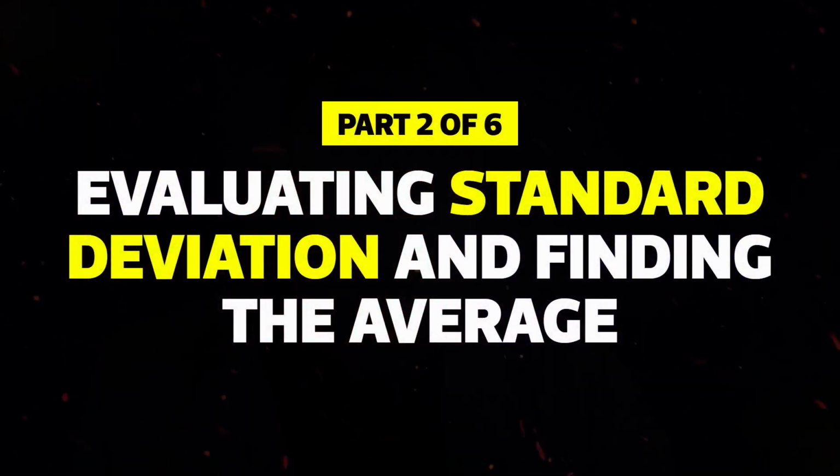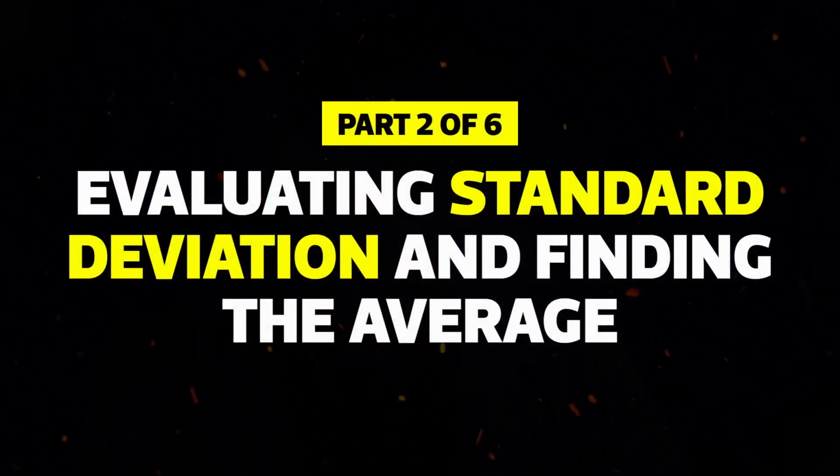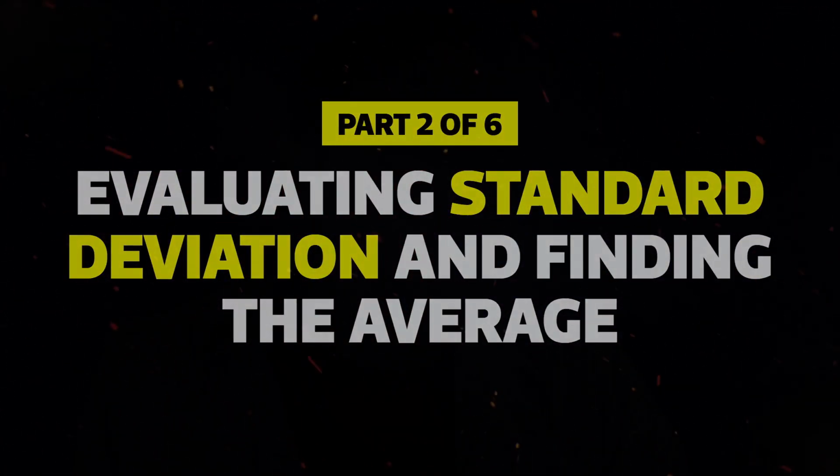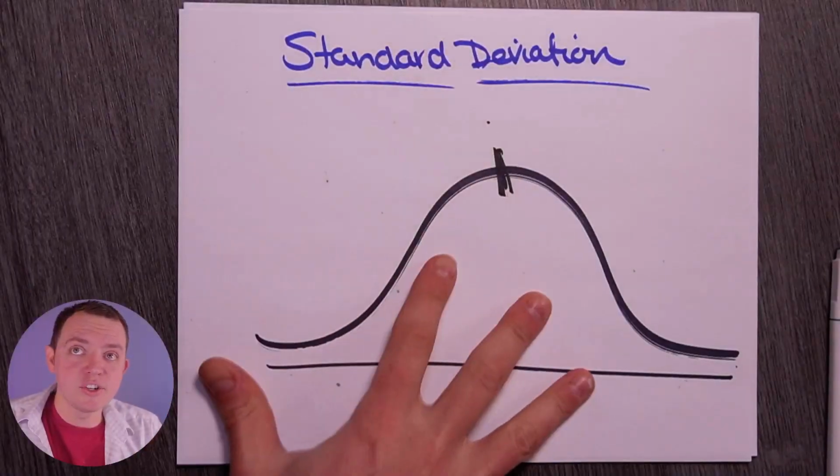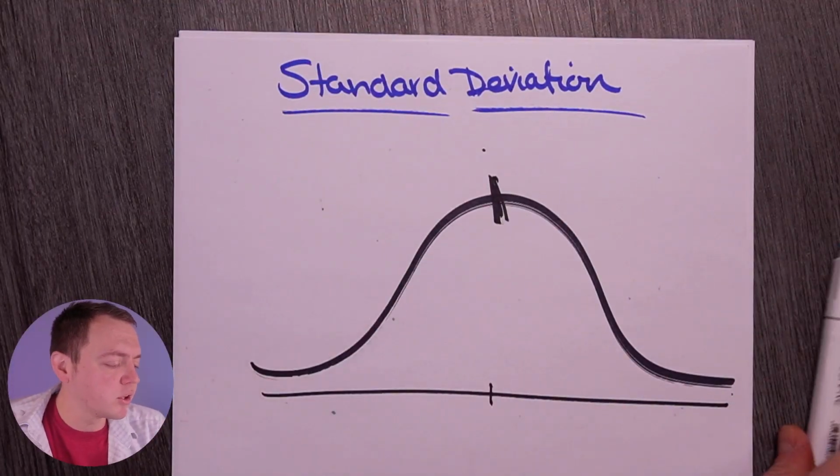Okay, let's take a look at the second part of our video, and that is evaluating standard deviation and finding the average. If you haven't heard of standard deviation, we're looking at something like a bell curve.